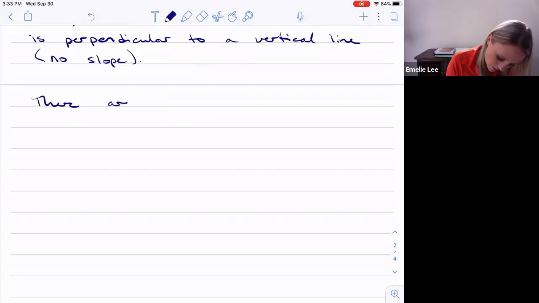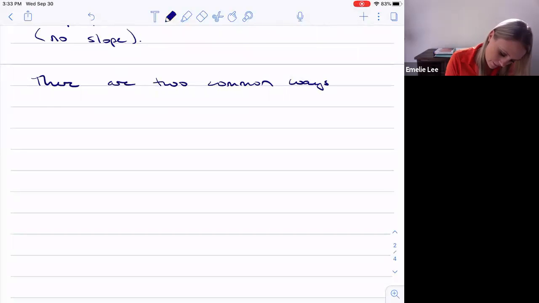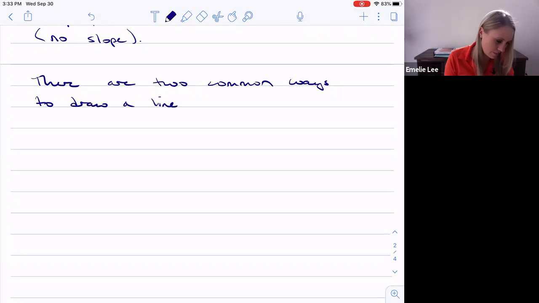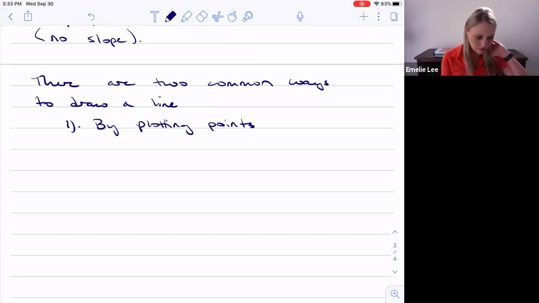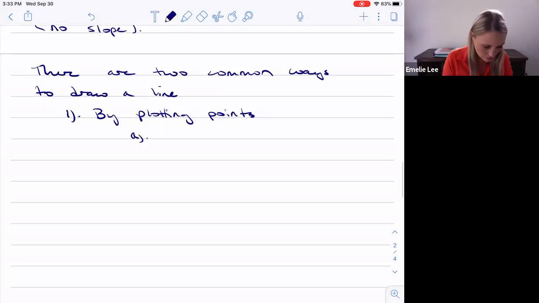There are two common ways to draw a line. You'll see that they both use the same kind of idea. One is by plotting points, which is to find two points on the line. So this is the one I was talking about, right?